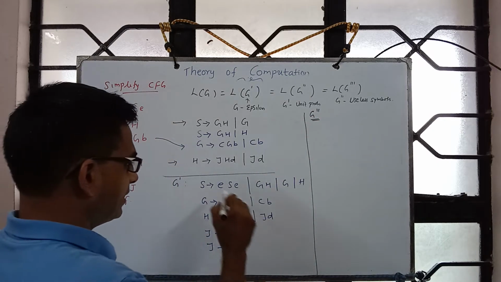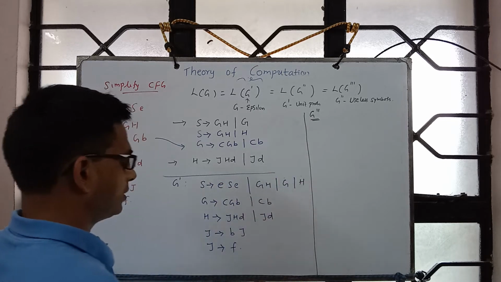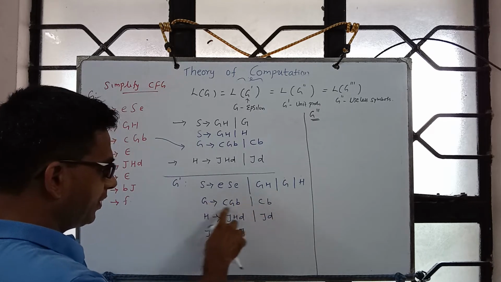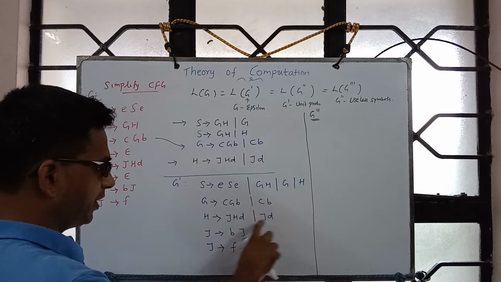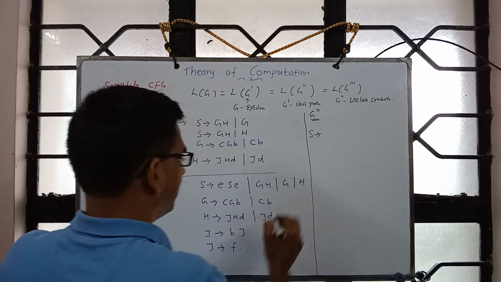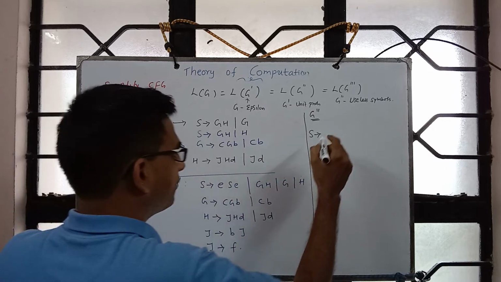Now the unit productions are S implies G and S implies H, and subsequently we find G implies this and H implies this. So which means before we remove, we should ensure these productions are taken care of.